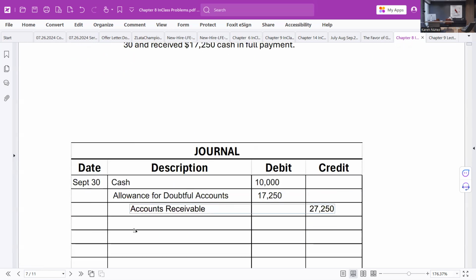And again, now what happens is on December 7th, now we find out that the customer is going to be in a position to pay. So we want to reinstate that account receivable. So we're going to debit account receivable for the 17,250 and go back and put the funds in the allowance account, 17,250.